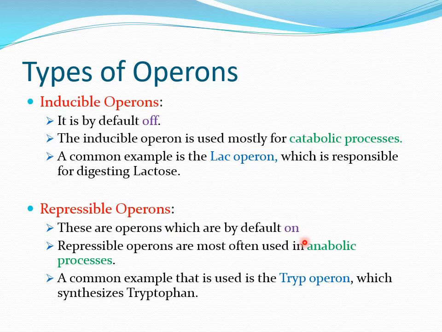They keep on transcribing the messenger RNA on the polycistronic unit until the cell signals that a sufficient amount of the product is available, so now it ought to be turned off. A common example of this type of operon is the Trp Operon, which synthesizes the amino acid tryptophan.